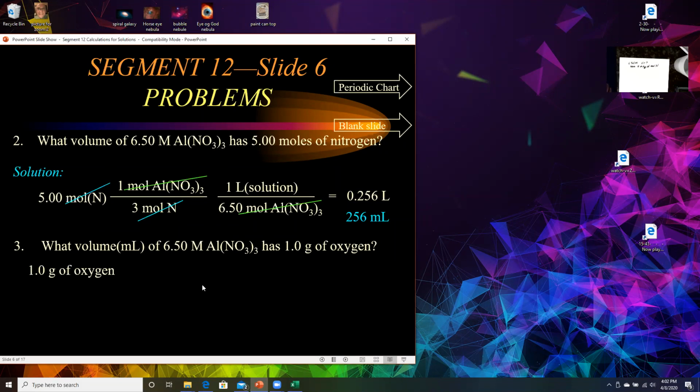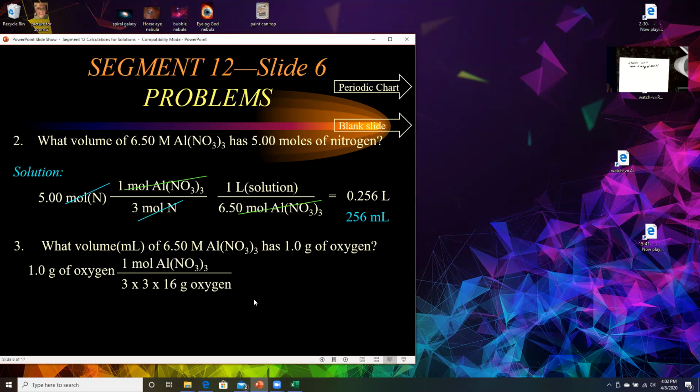So I want to go from grams of oxygen, and looking at my formula, there's a 3 for the subscript of oxygen. So that's 9 oxygens, and the atomic weight of oxygen is 16. So that 3 times 3 times 16 is the grams of oxygen in this compound, aluminum nitrate.